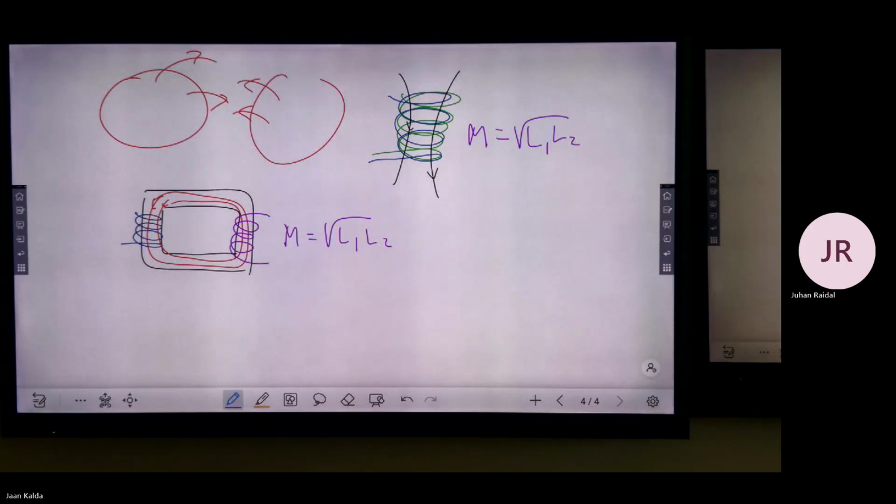All right. Now, the air core configuration is also used in one practical device that you might or might not have at your home. Now, how is it called in English?